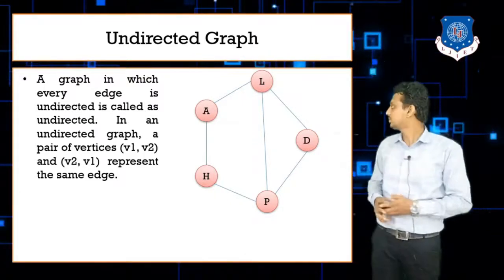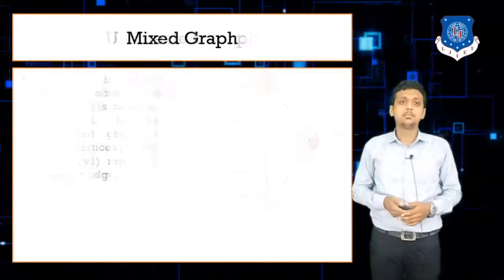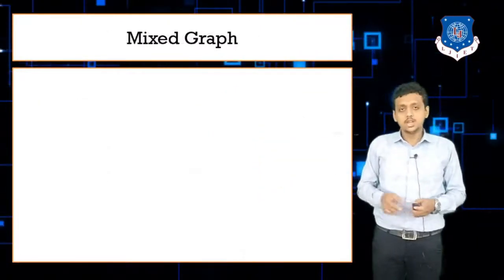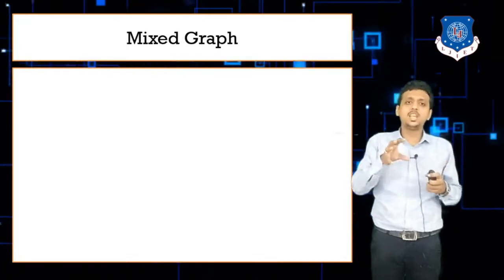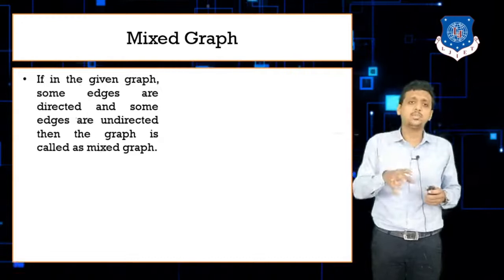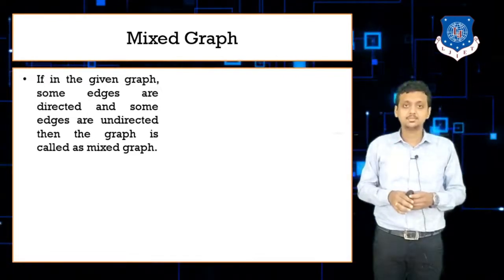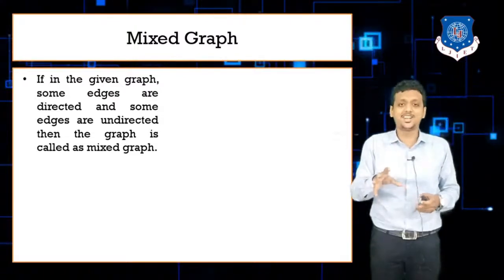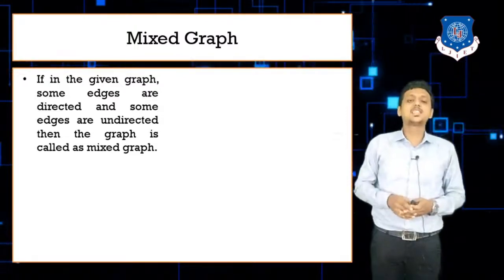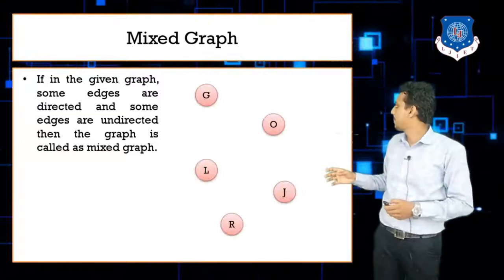Okay, now next we have the mixed graph. Students, a mixed graph means our graph has some edges that are directed and some edges that are undirected. So it's a combination of directed and undirected graph, which is known as a mixed graph. So here it is.